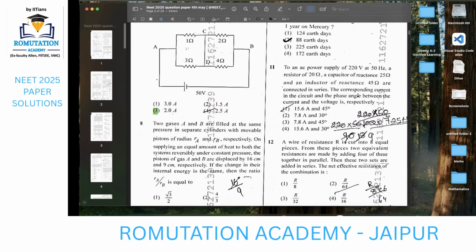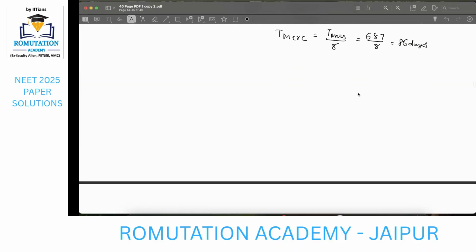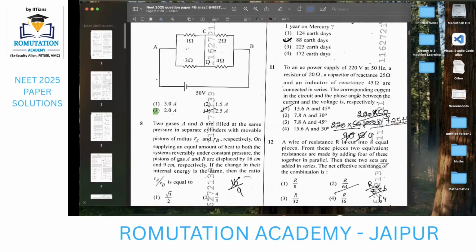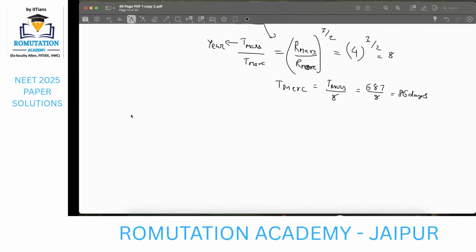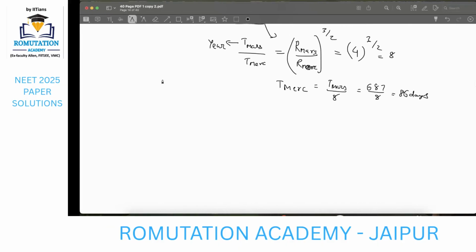I think this is a very direct question about the RLC circuit, which is in series, so that need not take too much time in terms of solving it. So let me just take the values and do it for you. 20, 25 and 45, right?